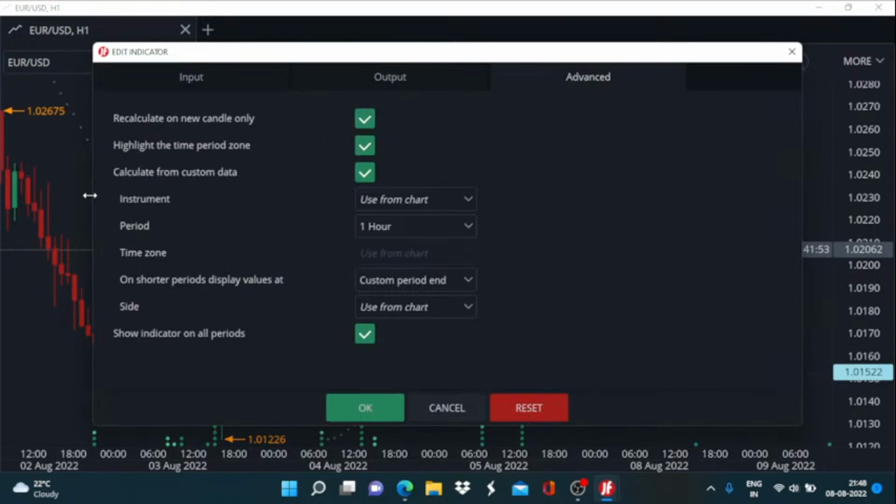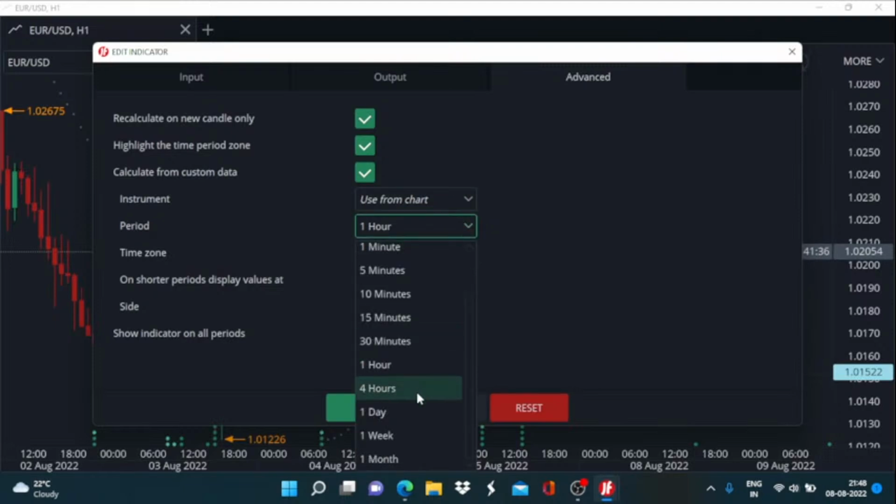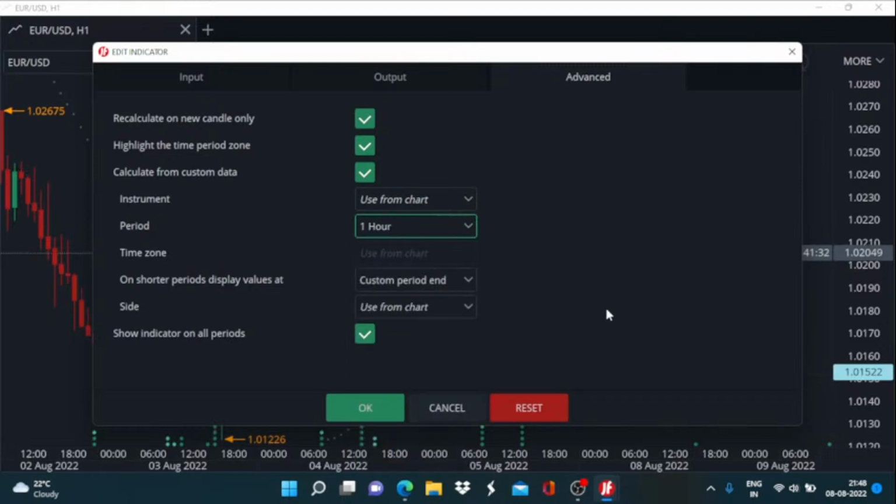Then comes the option of customizing the calculation data. You can customize the indicator's instrument, or you can simply use it from the chart. Similar thing you can do with the time period for the plot. You can use it from the chart, or you can keep it fixed to any of the values provided here, from 10 seconds to 1 month. So all these options are there. The time zone can also be used from the chart, or you can define it on shorter periods.